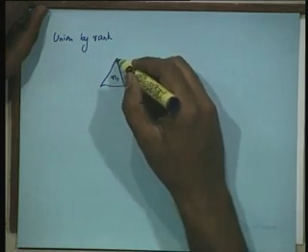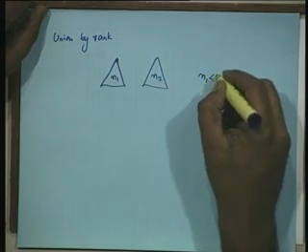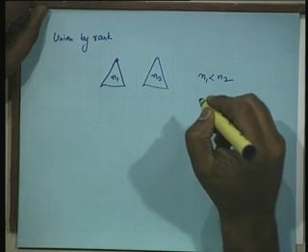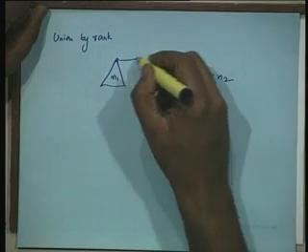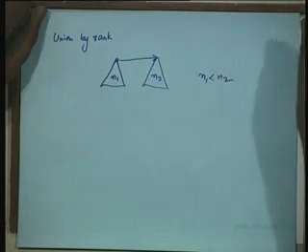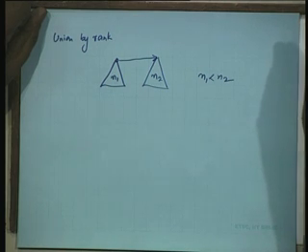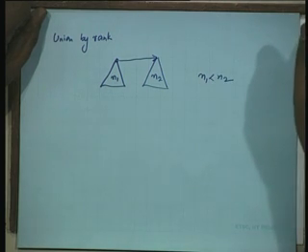Without loss of generality, let us say n1 is less than n2. Then I will make this point to that. We will make the lighter point to the heavier.